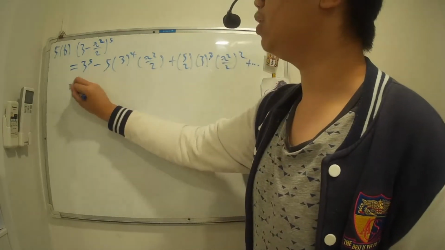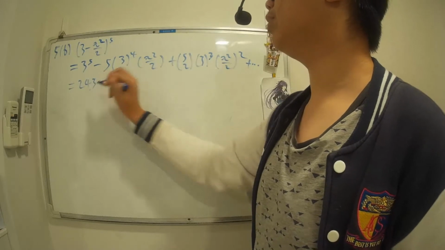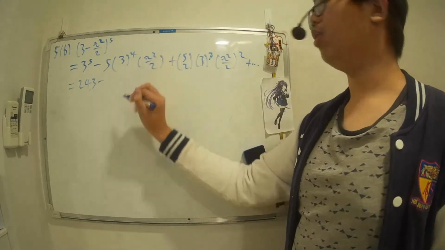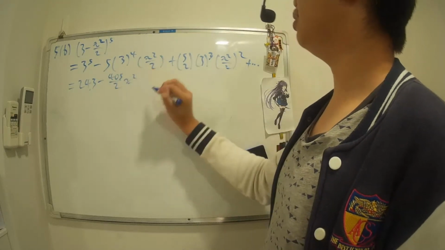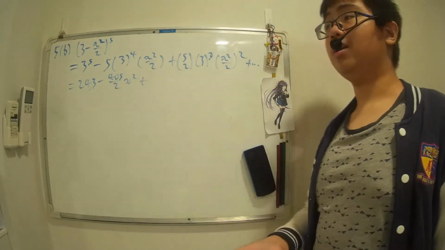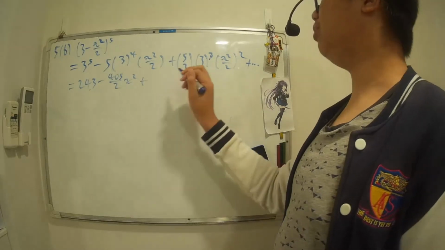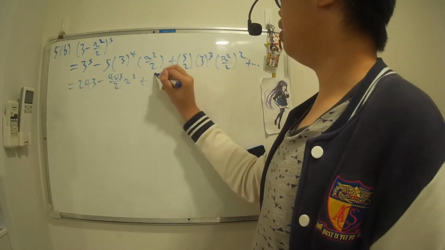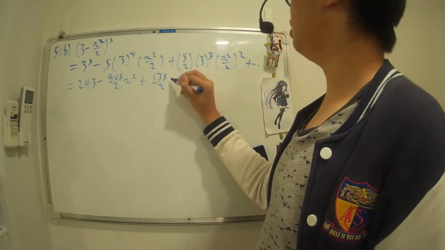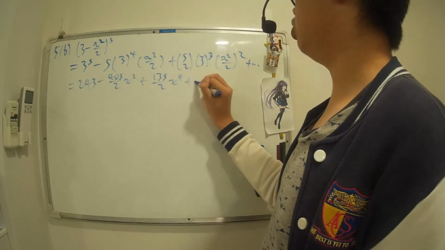So this is 243 minus 5 times 81, 405 over 2, x squared, plus 5 choose 2 is 5 times 4 times 3 divided by 3, which is 20, then times 27, then divide by 4, 135 over 2, x to the fourth power, and so on.